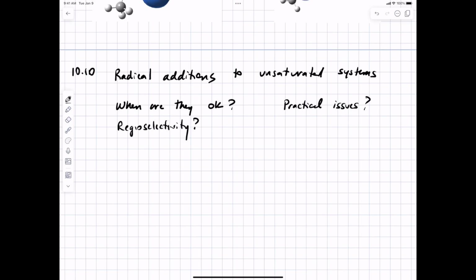Radicals, of course, are species with unpaired electrons. Okay? And we can talk about their reactivity. It turns out because they're not fully positively or negatively charged, the electronic issues that we use to think about carbocation stability don't matter quite as much as we deal with regioselectivity issues.